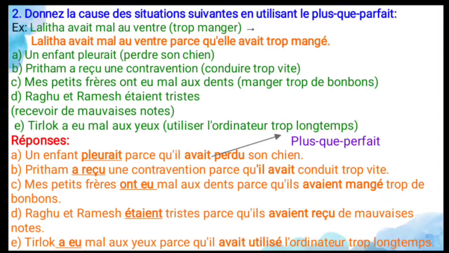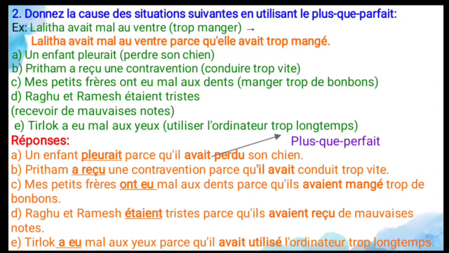And B1, Pritham a reçu une contravention, and the verb conduire trop vite. So Pritham had received a contravention, it means a traffic ticket. When the traffic police put up a fine, they give some ticket, no? That is the meaning of contravention. And conduire means to drive fast. Let's see the answer. Pritham a reçu is already given in the past tense only.